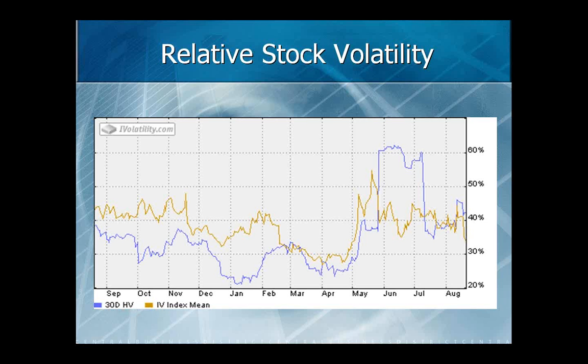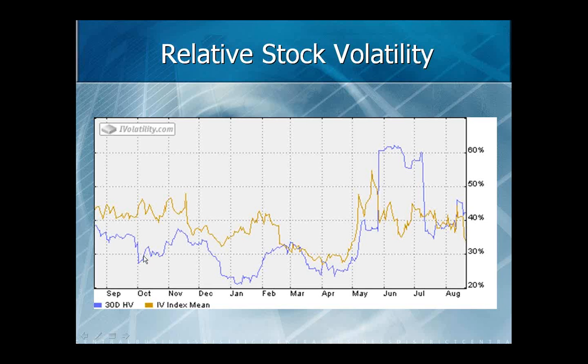Now let's go back to our definitions. What's historical volatility? This was the actual range of price movement up and down over time. What's the implied volatility? That's the market's guess at future up and down price movement.